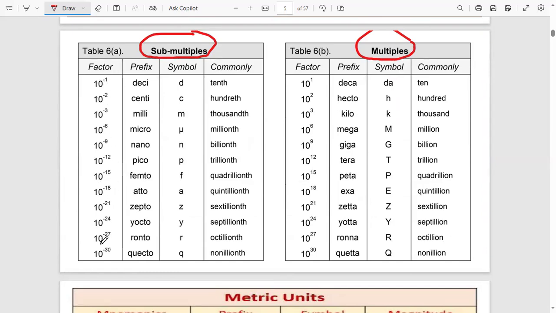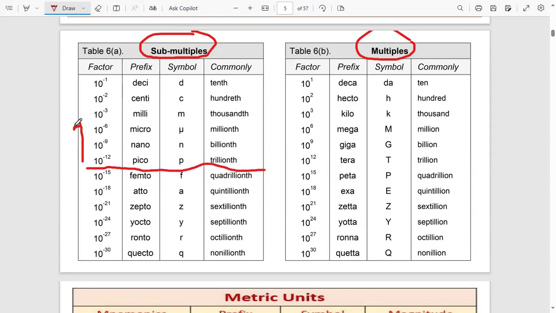Whenever you see 10 raised to a negative power, know that it is a sub-multiple. Depending on the value that the 10 is raised to, it will have a name. For those doing your premaths or NS, it mostly ends here, where you have the pico.